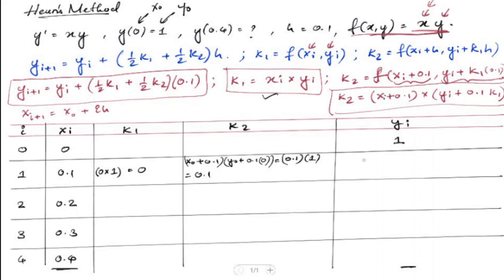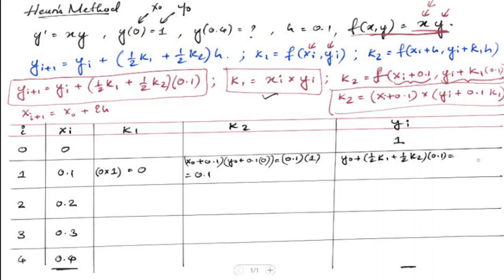So now to calculate y_i or y1, we will have y0 plus half times k1. Let me write the formula down here: half times k1 plus half times k2, times h.